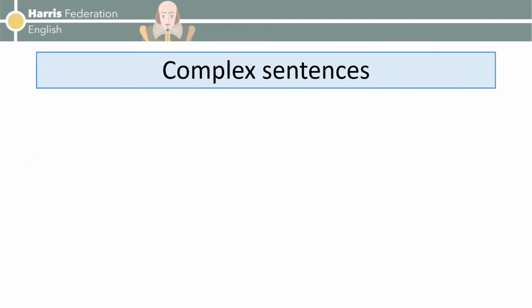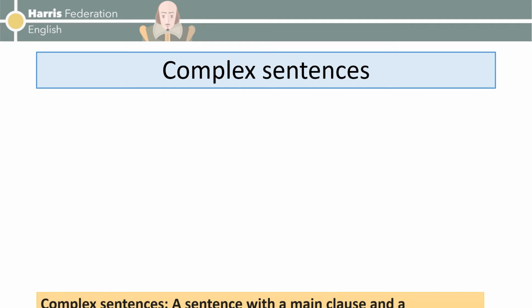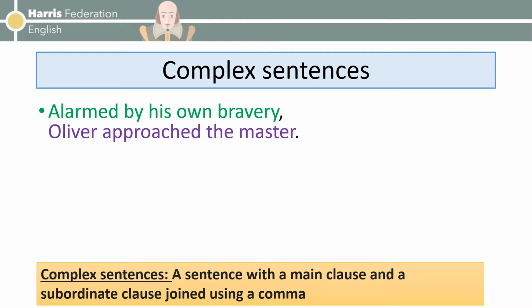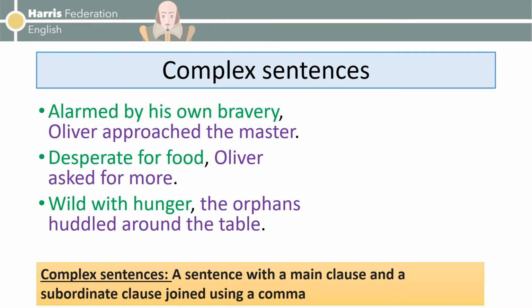Our last sentence type is the complex sentence. A complex sentence is a sentence with a main clause and a subordinate clause. Don't get confused by the word clause, it just means part of a sentence. Here are three sentences. Alarmed by his own bravery, Oliver approached the master. Desperate for more food, Oliver asked for more.